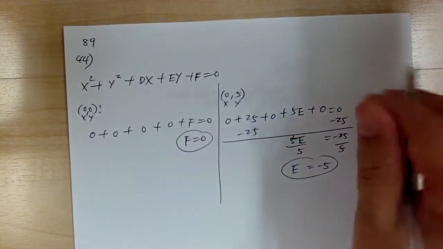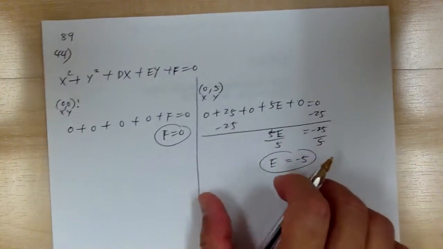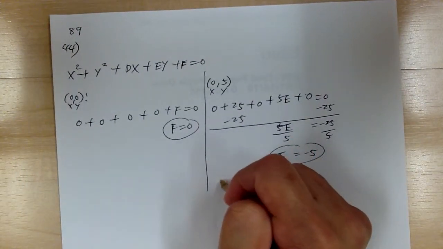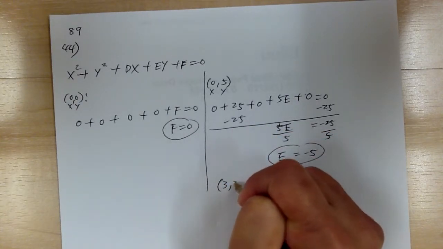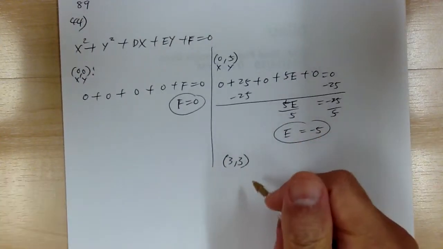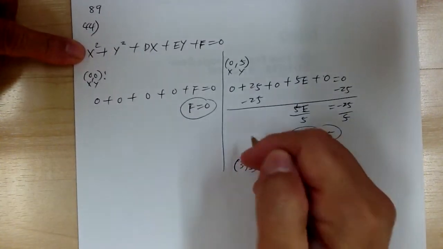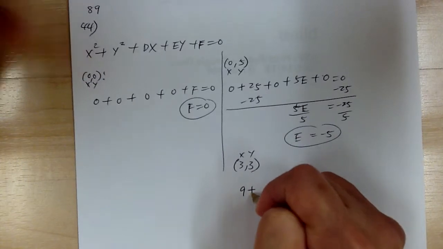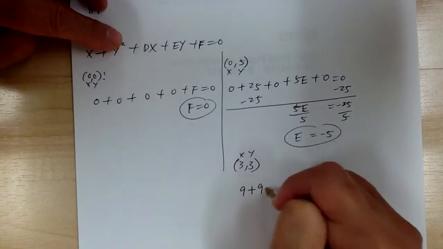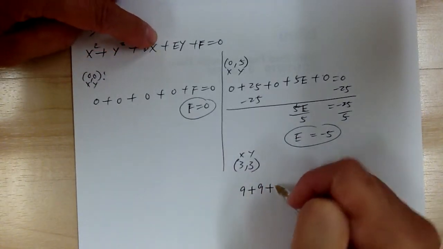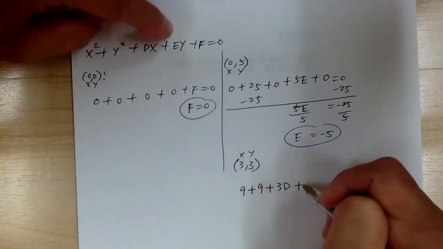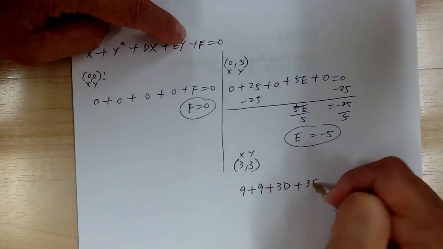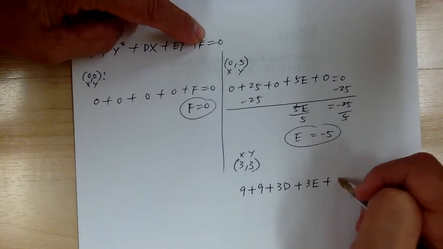Okay. Now, I ran out of space over here, so I'm going to do it below. So the next point is (3, 3). So for the point (3, 3), you can use this equation over here. So x squared, so that's your x and the y. So it'd be 9 plus 9 plus, so x is 3, so it'd be 3d. Okay, y is 3, so it'd be 3e. Okay, f is 0.